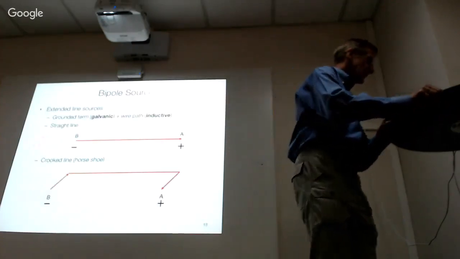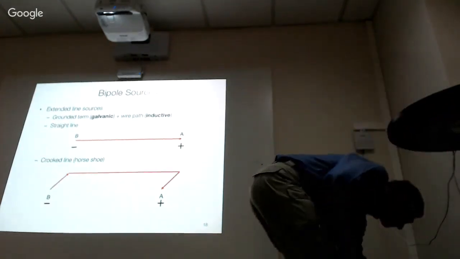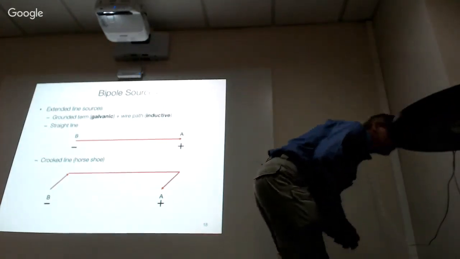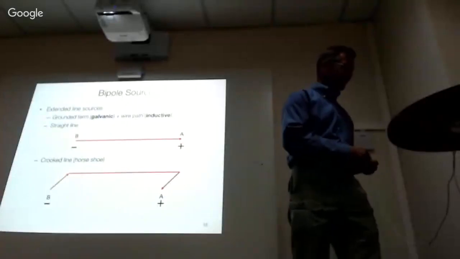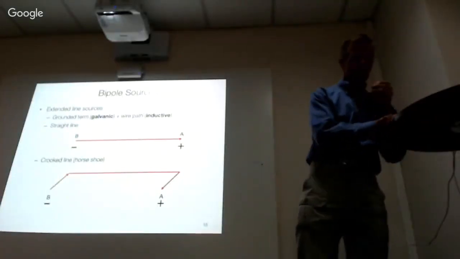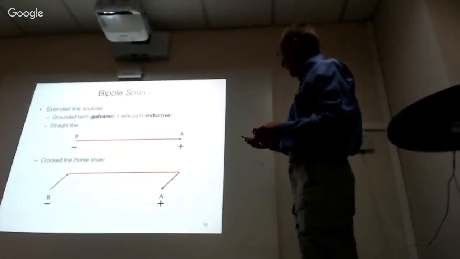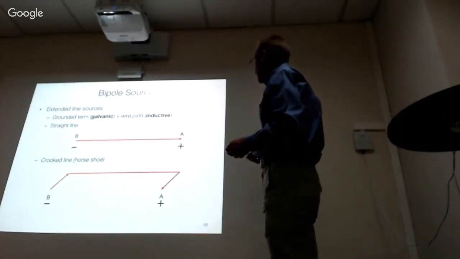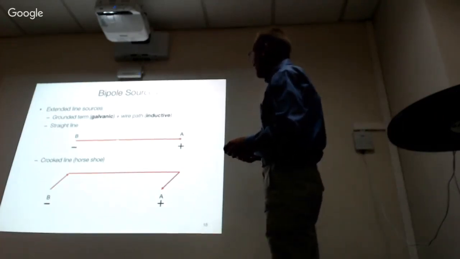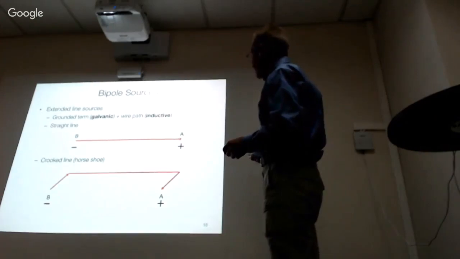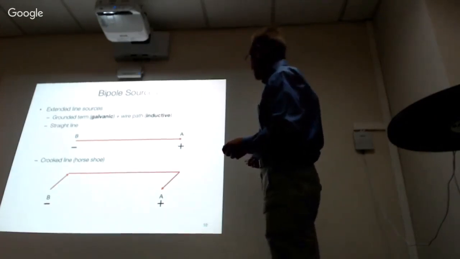Okay, so now we'd like to look at this grounded dipole. I'm going to take a wire, put a generator on here, and we're going to put the current into the ground.